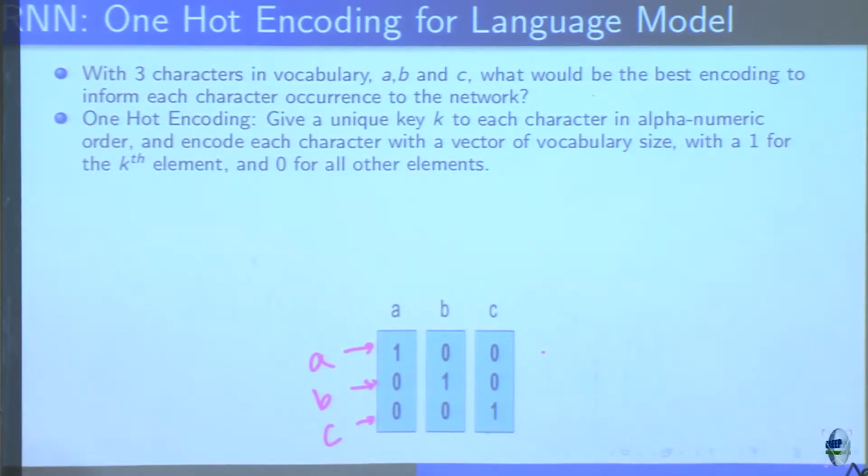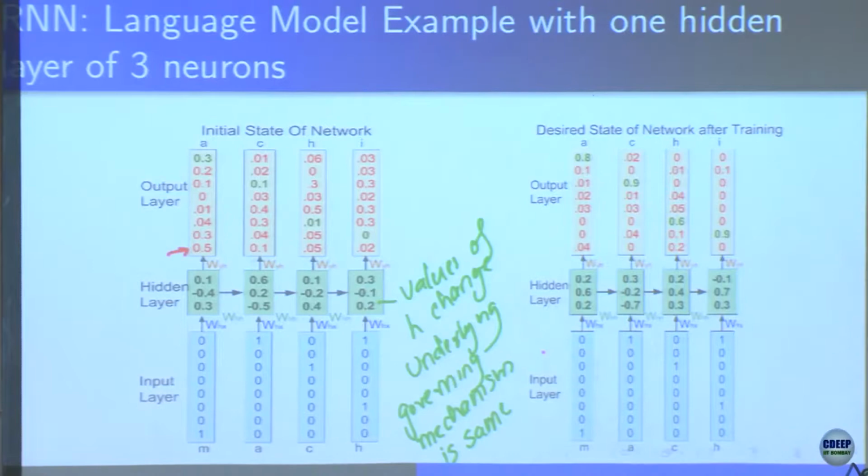With this representation, let us now understand what the math would be like. We want to get from the initial state of the network to a desired state. For the initial state, let us say we have considered some 8 characters, an 8-bit representation, assuming just 8 characters.